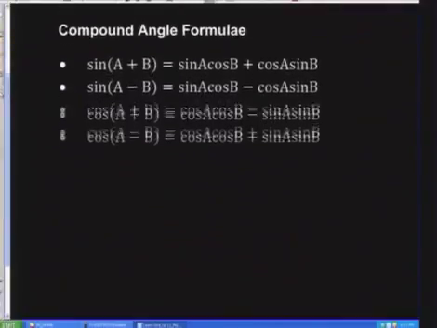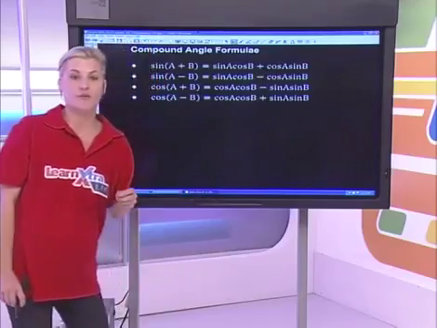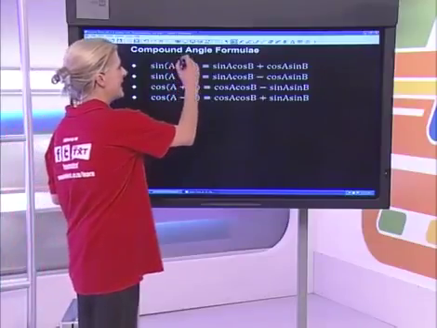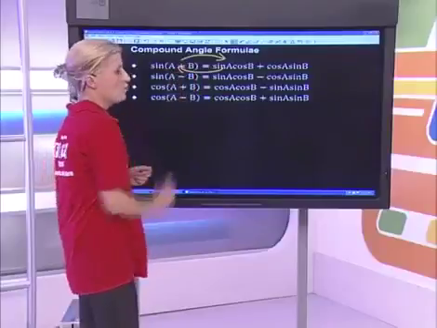So in very much the same order, this is going to appear on your information sheet. So instead of having sine of A plus B, I could, if it suited me, change it to sine A cos B plus cos A sine B. Now, the important thing to remember about these identities is, yes, they work from left to right, but they can also work backwards.